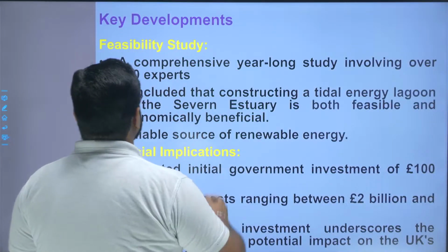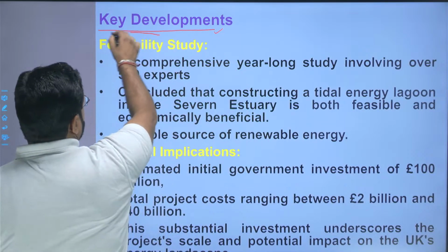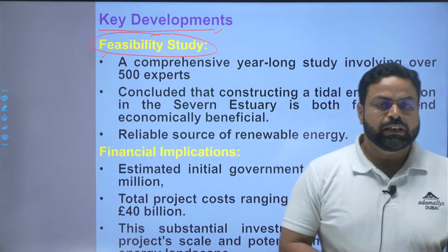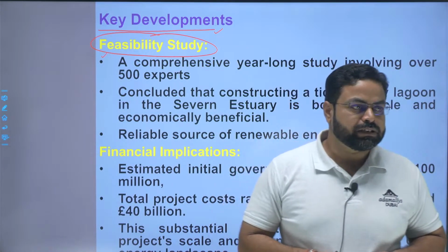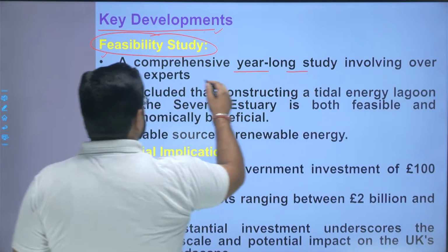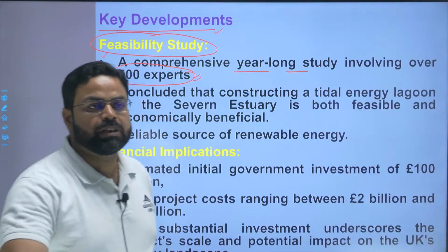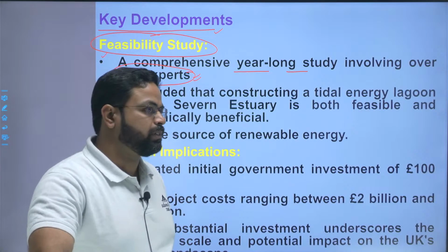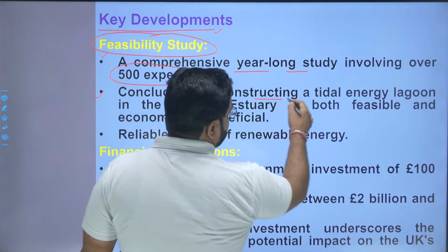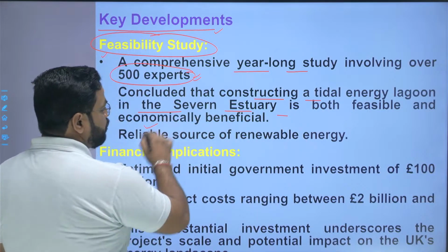Now the key developments of the past few years. The feasibility study was the first thing done for tidal energy generation from this location. A comprehensive year-long study involved 500 experts, and it concluded that constructing a tidal energy lagoon in the Severn estuary region is both feasible and economically beneficial.